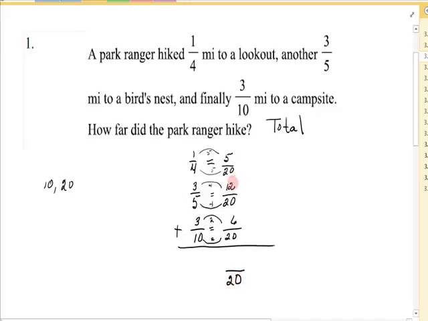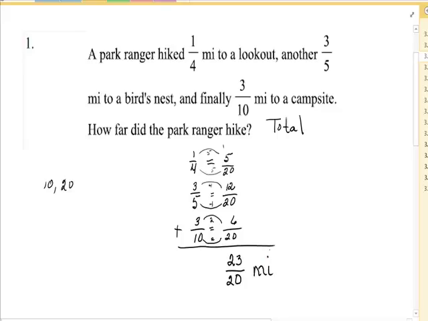I add 5, 2, and 6. 5 and 2 is 7. 7 and 6 is 13. Carry the 1, and I have 23. I have 23 20ths. This is the miles that the park ranger traveled.